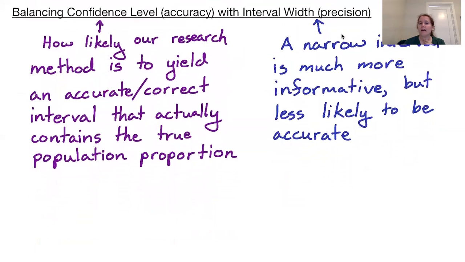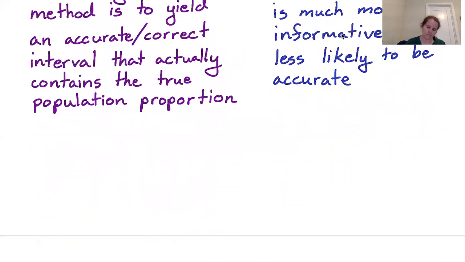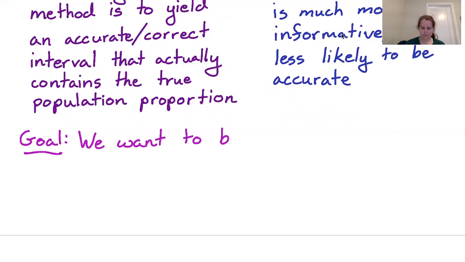So our goal is to have high confidence level paired with a narrow interval. So we have both high chance for accuracy and strong precision. So our goal is we want to be both accurate and precise.